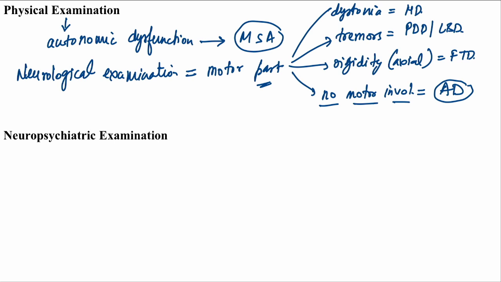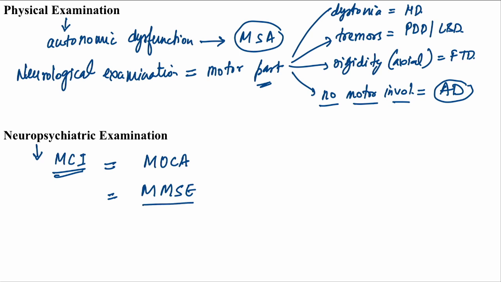Now you have to do the psychiatric examination also, because you have to rule out mild cognitive impairment, and it can be ruled out on the basis of two scores. One is MoCA and other is MMSE. In MMSE there are five domains: orientation, speech, registration, recall, memory.